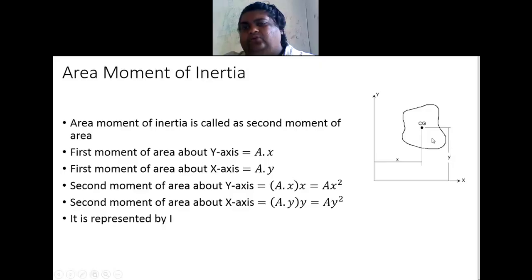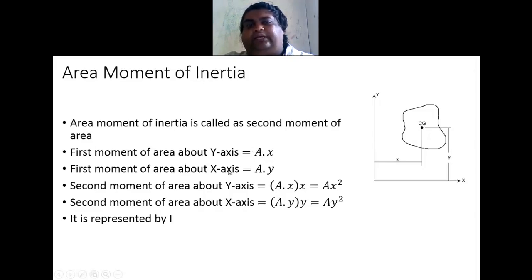Similarly, the first moment of area about the x-axis is here, and the distance of CG from the x-axis is y. So area into y, A into y. Now the second moment of area about the y-axis: second moment means you have the first moment here, which is Ax, and you take the moment of this.